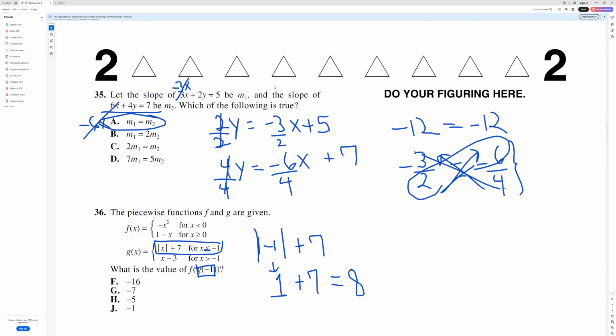F of 8, and where is 8? It's over here, 1 minus x. When x is greater than 0, positive number 8, f of x is equal to 1 minus 8, which is negative 7.